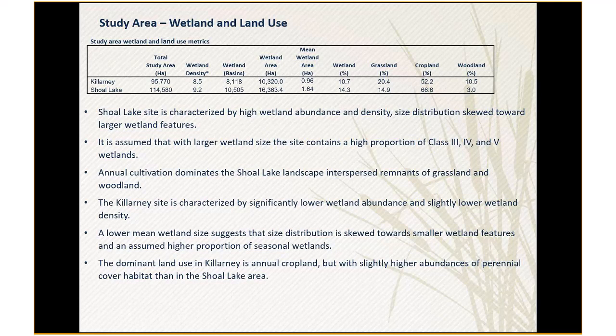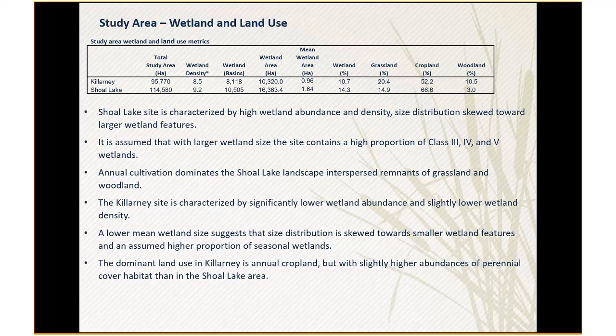These two sites are different. Shoal Lake has a higher abundance of wetland density, but more are skewed towards larger wetland features. Our assumption being that there'd be a higher proportion of class 3 and above in Shoal Lake.